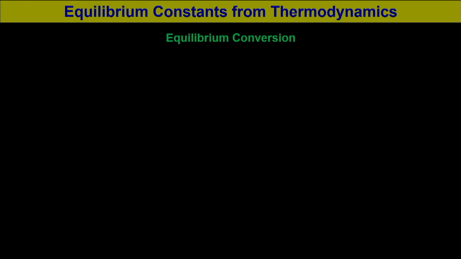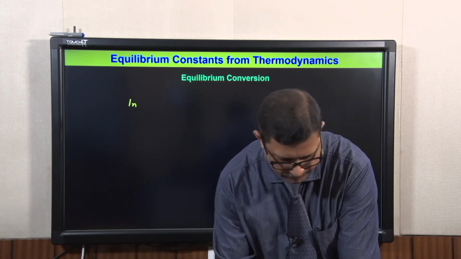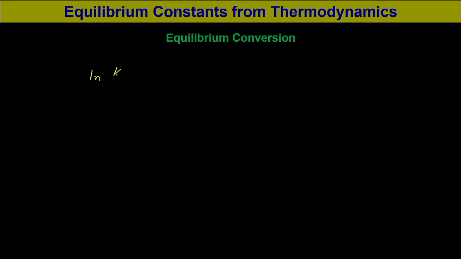So, we can write in that case ln K2 by K1 is equal to 1 by R integral T1 to T2 delta H r divided by T square dT.